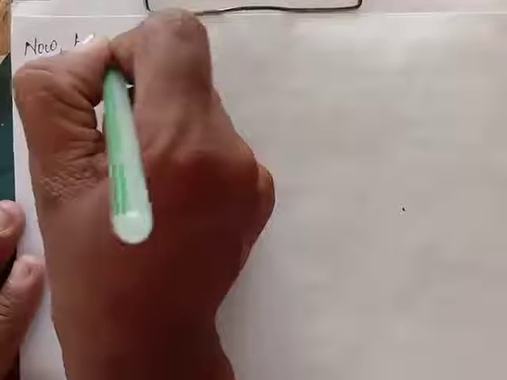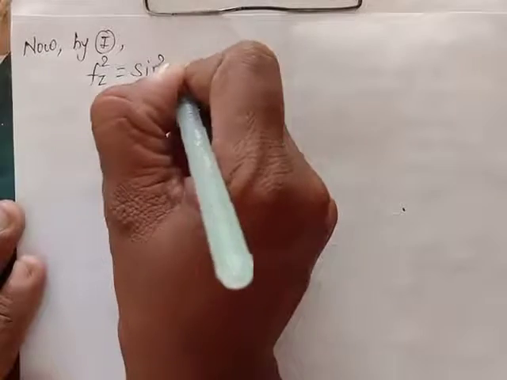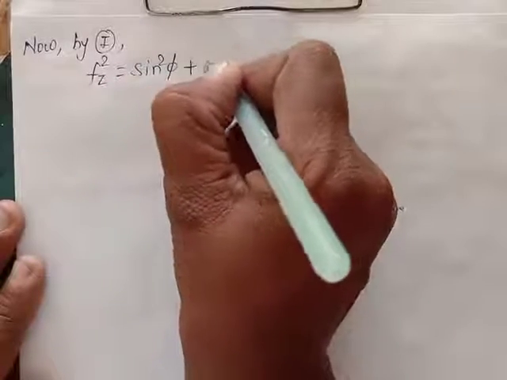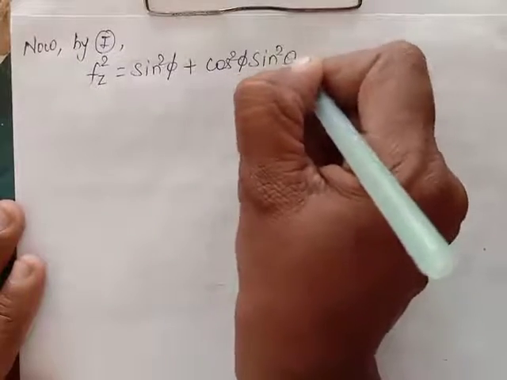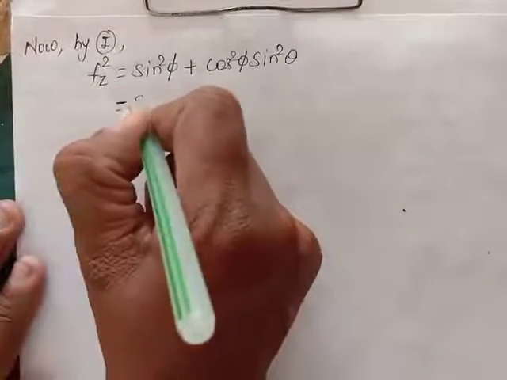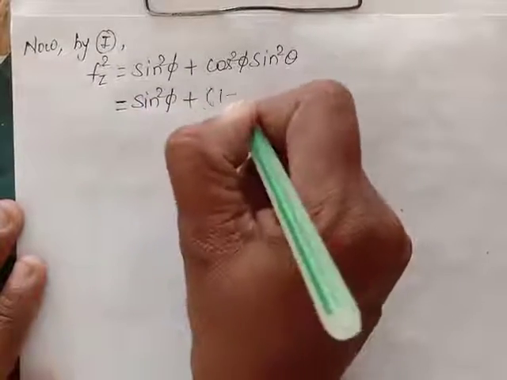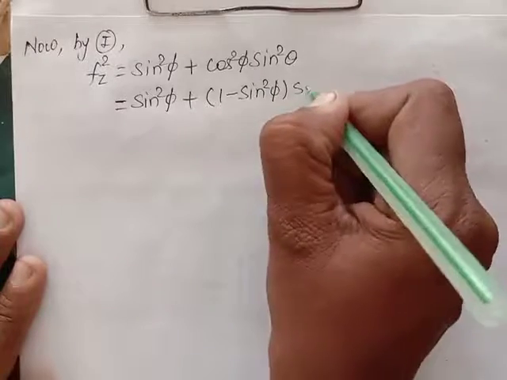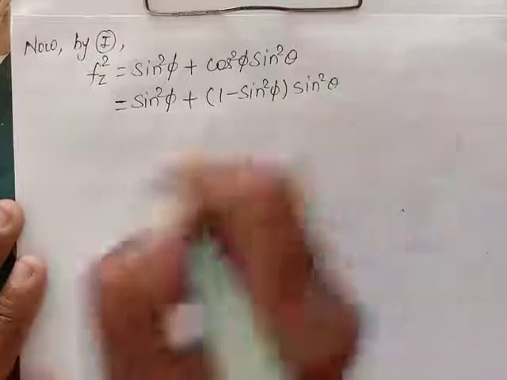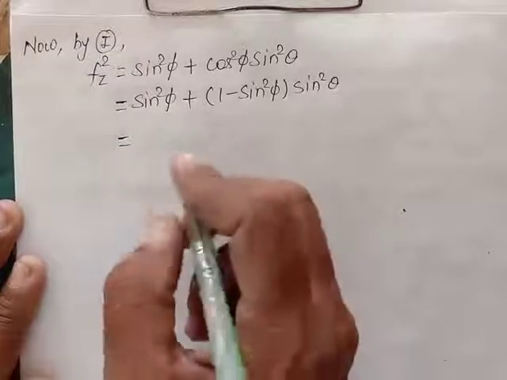Okay. Now by equation 1, what is fz square? Fz square is what? Sine square phi plus cos square phi into sine square theta. So it is sine square phi plus 1 minus sine square phi into sine square theta. You know sine square phi from equation 2, what is its value?